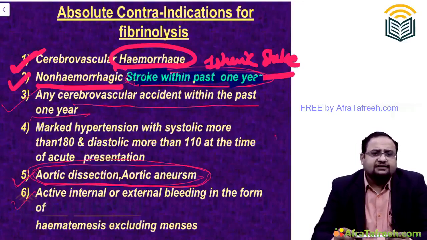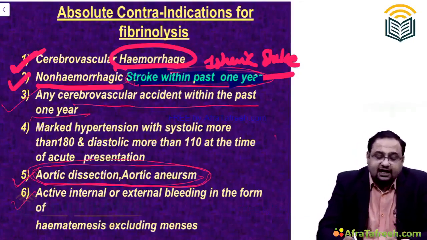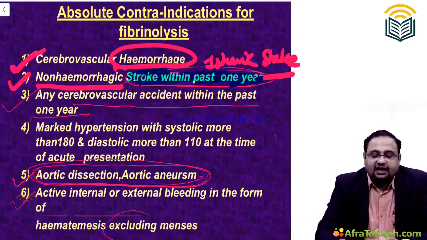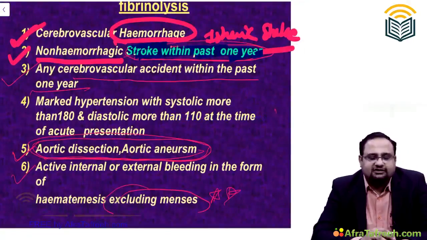So this means any internal or external bleeding, excluding the menstrual bleeding. Okay, excluding the menstrual bleeding. So menstrual bleeding is not an absolute contraindication for thrombolysis. This is what one should make a note about.